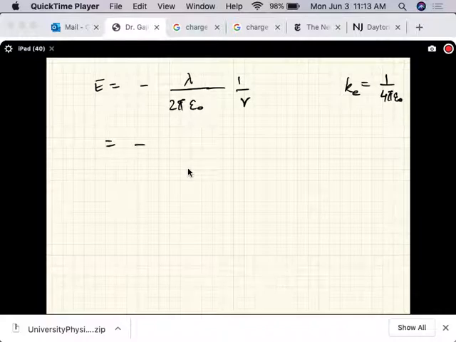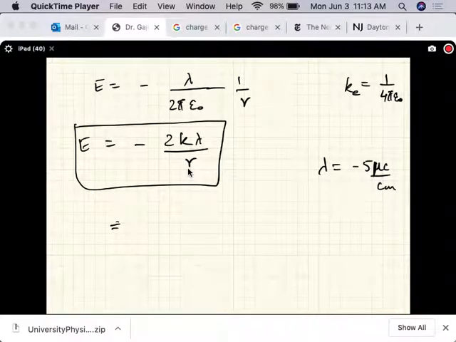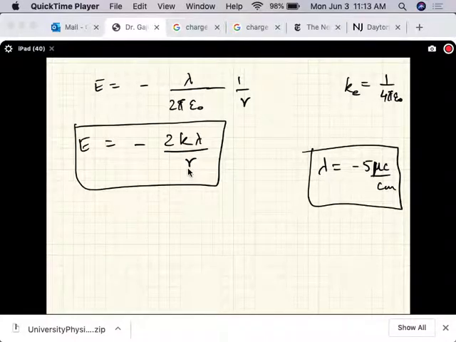So this comes out to 2K lambda by R. And lambda is minus 5 microcoulombs per centimeter. So there's the electric field.